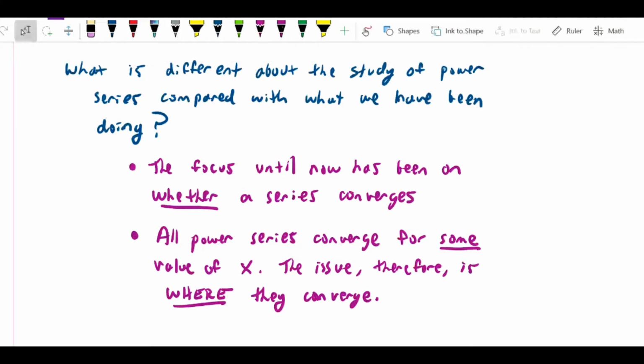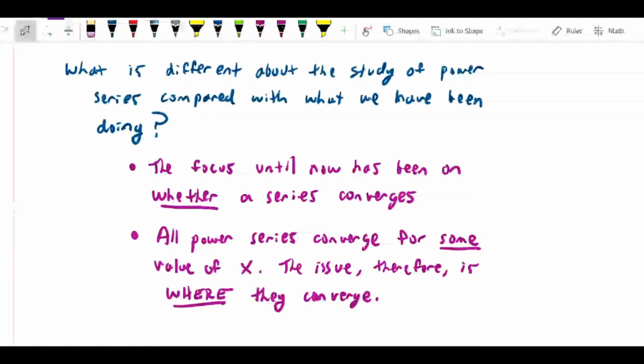We then defined these sort of companion series in the subject of absolute convergence. We defined the notion of a positive term series that we form by taking the absolute value of every term, which gave rise to the concept of absolute or conditional convergence, where we were making conclusions about whether a particular series or its companion series or both converged. But the focus has always just been on, does a particular series converge or does it not?